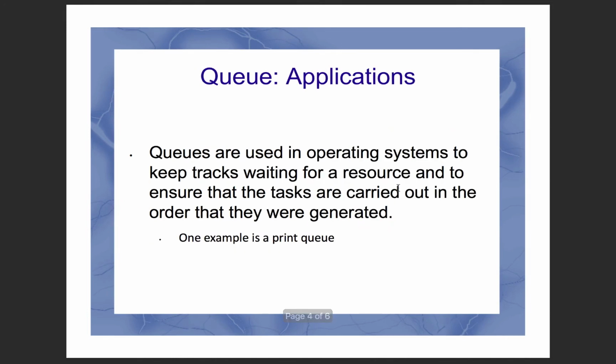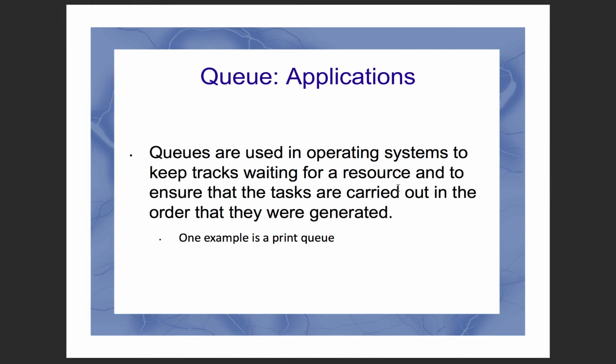Now come to the point of what the applications of a queue are. Our computers use queue applications, for example our operating systems. Our operating system serves several jobs. For example, consider a simple printer. You have a lot of colleagues in an office.